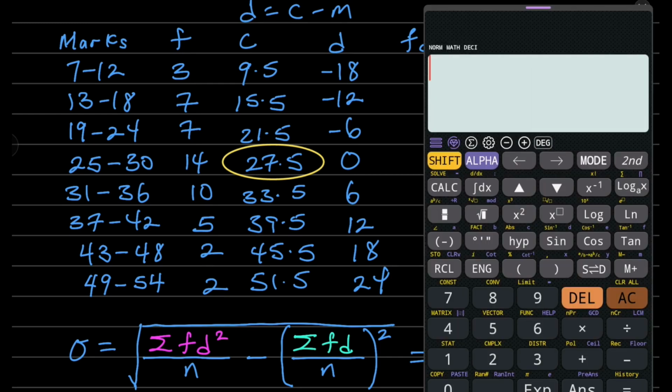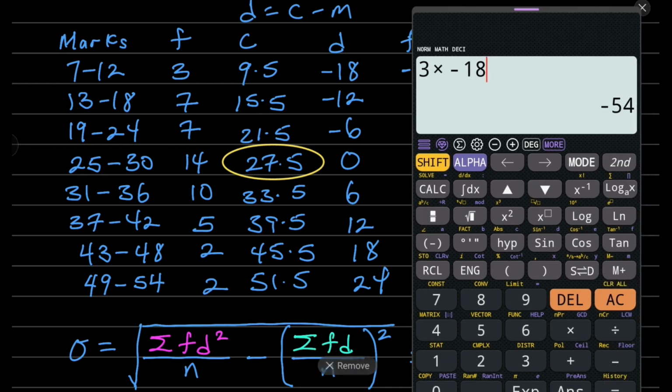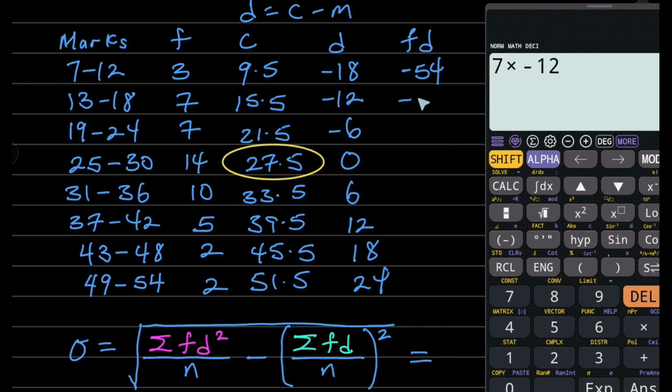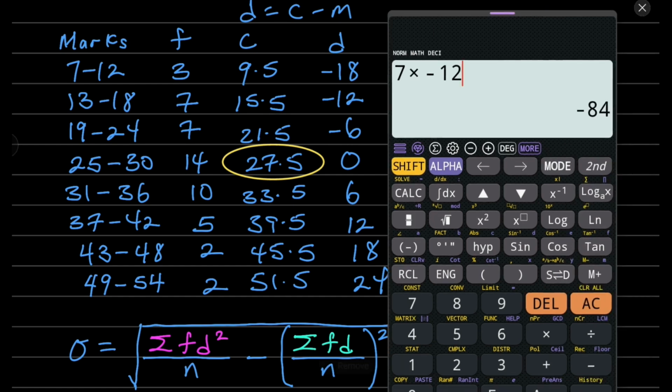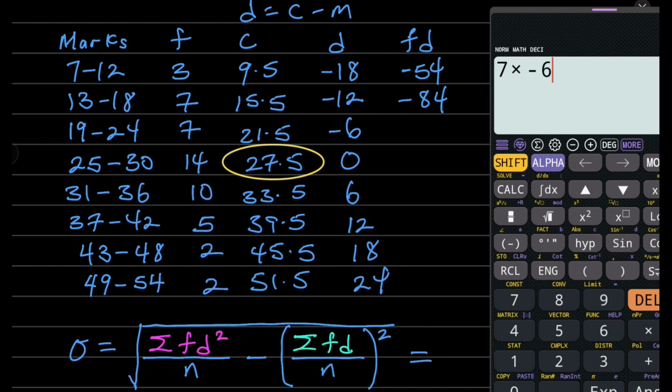For the first one, we have 3 times minus 18, I have minus 54. Up next we have 7 times minus 12, minus 84. The next is 7 times minus 6, minus 42.